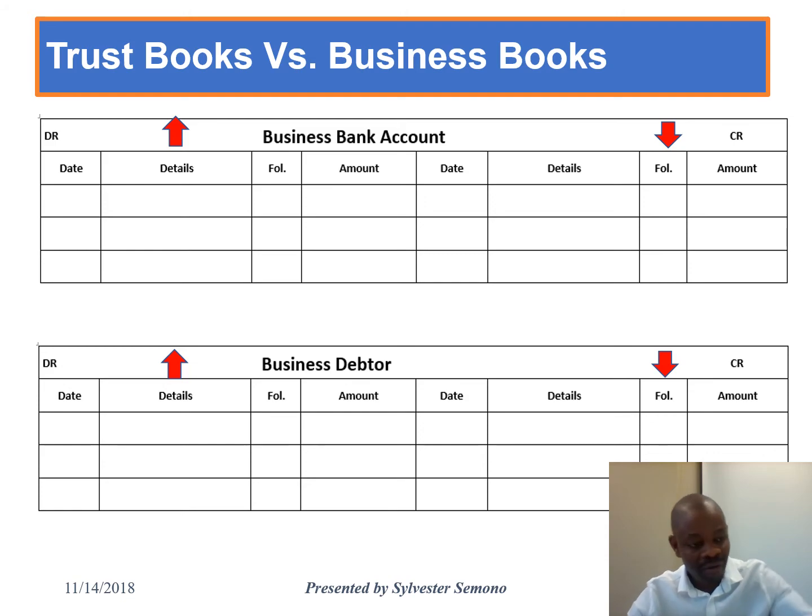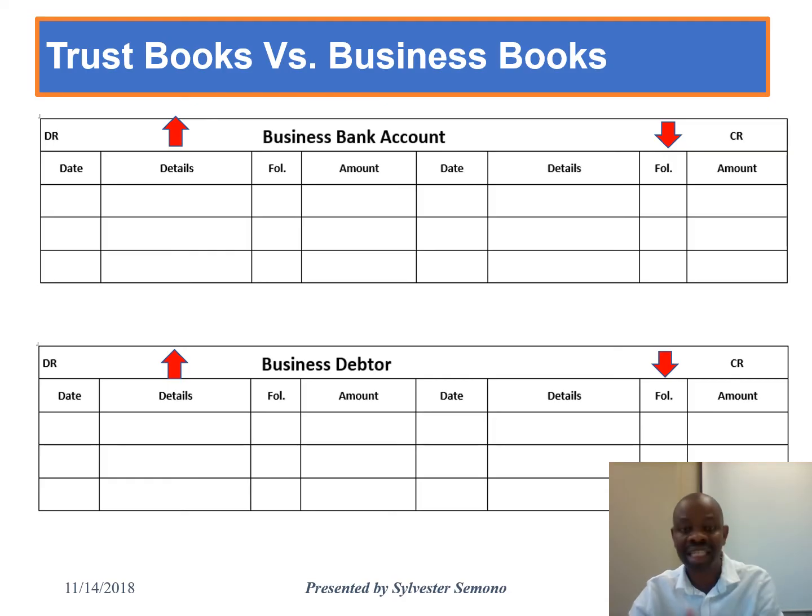Just to recap, firstly, we need to have the trust bank account, and thereafter you must have the trust creditor. The trust bank account is having all the amounts which have been received from our clients in advance. And the trust creditor is to show that those amounts which have been received in advance from the clients belong to the clients.